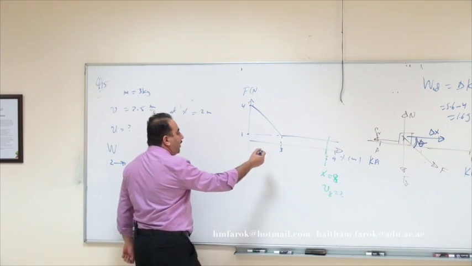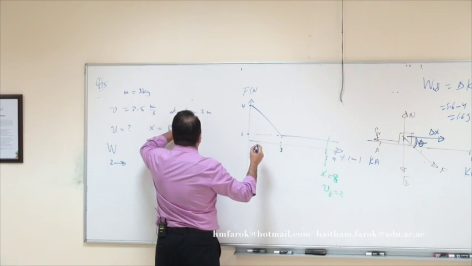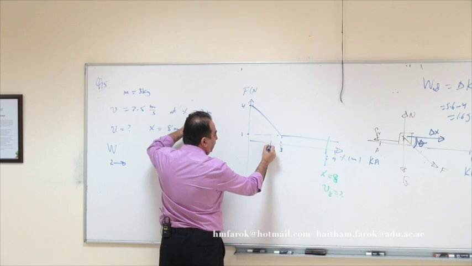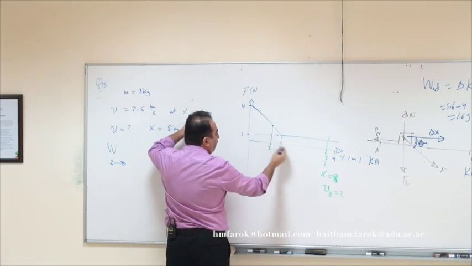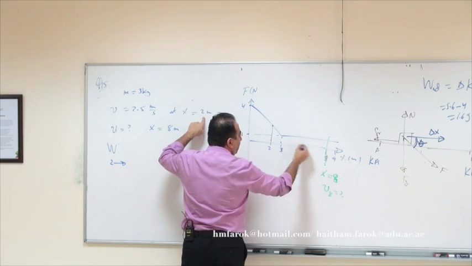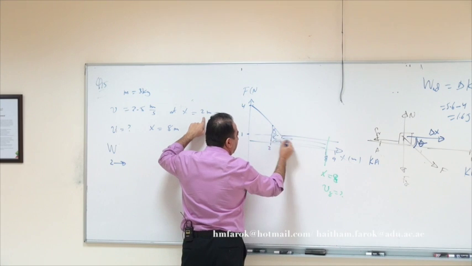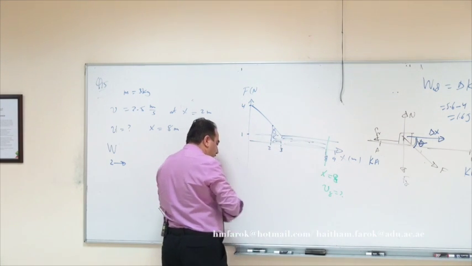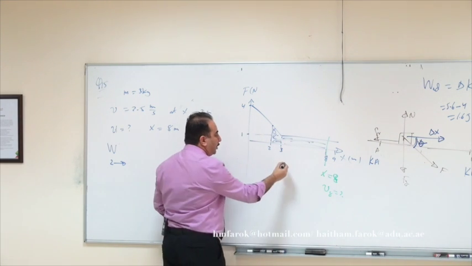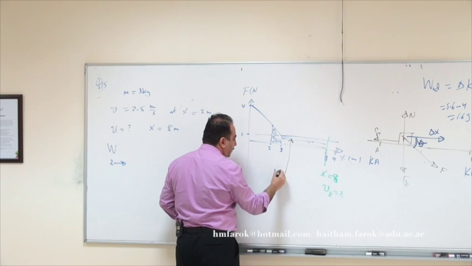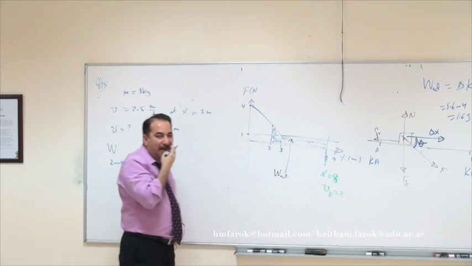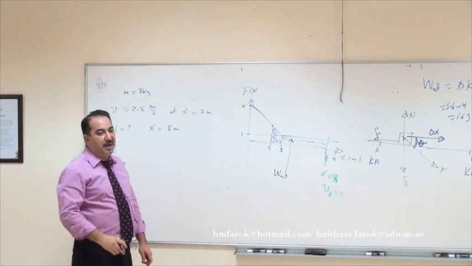So if I calculate the area from 2, because we start at 2 here, to 8, this area, what does this area represent? W net.